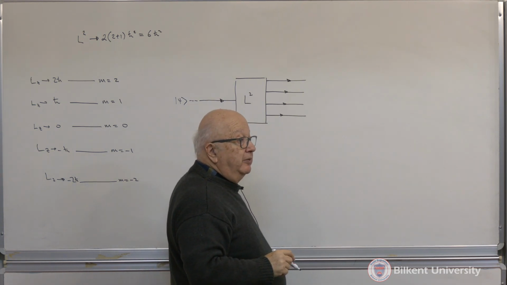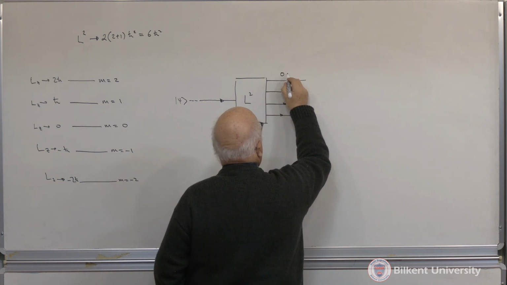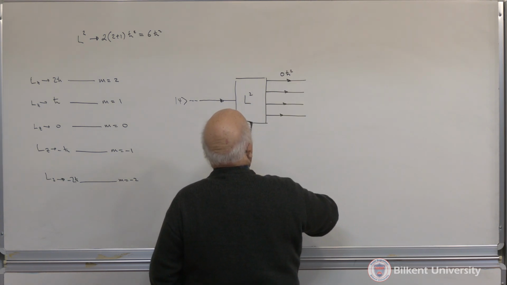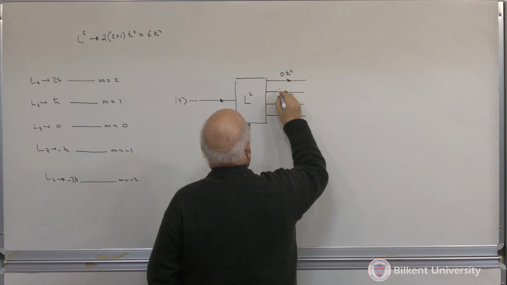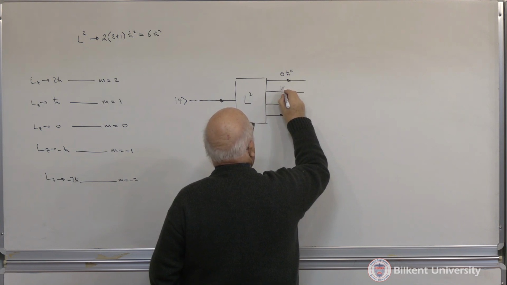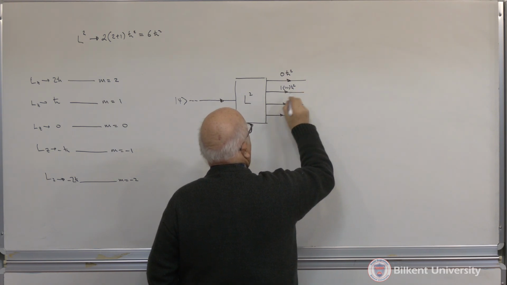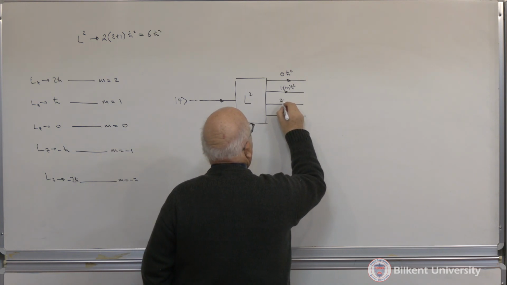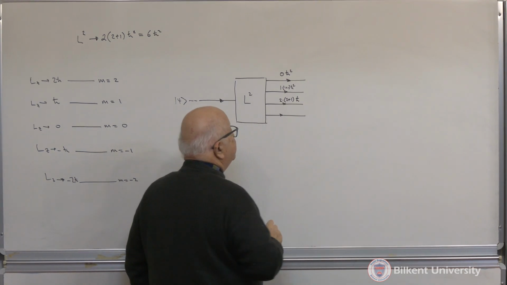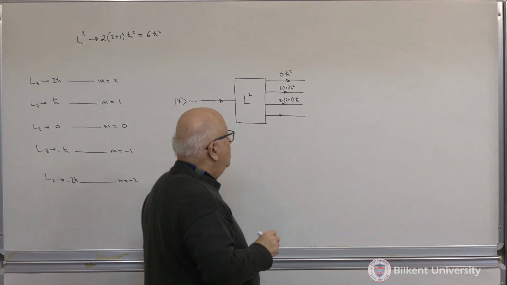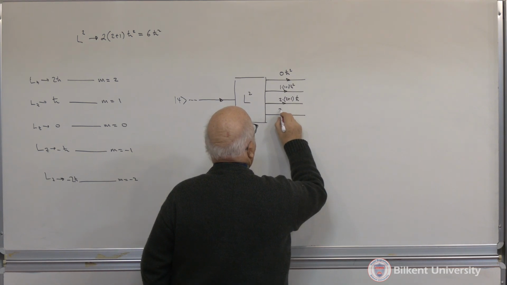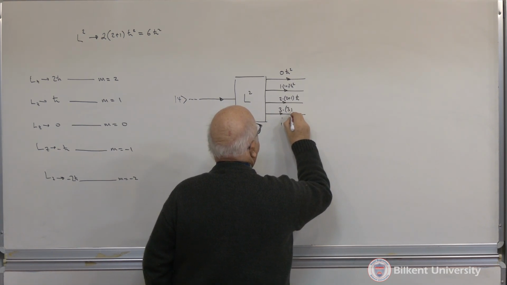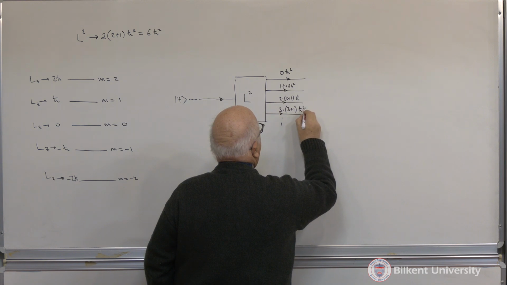So what can they be? They can be 0 h bar squared, or it can be 1 times 1 plus 1 h bar squared, so 2 h bar squared, or it can be 2 times 2 plus 1, so 6 h bar squared, and so on, 3 times 3 plus 1 h bar squared.